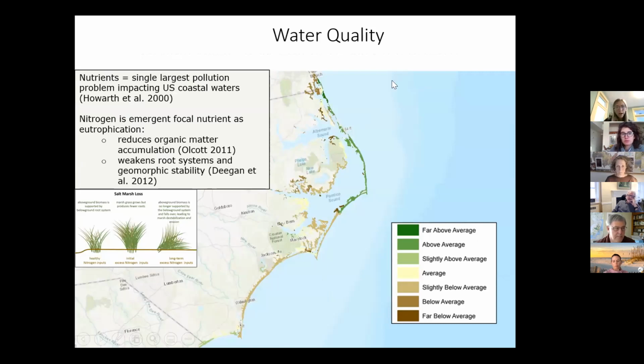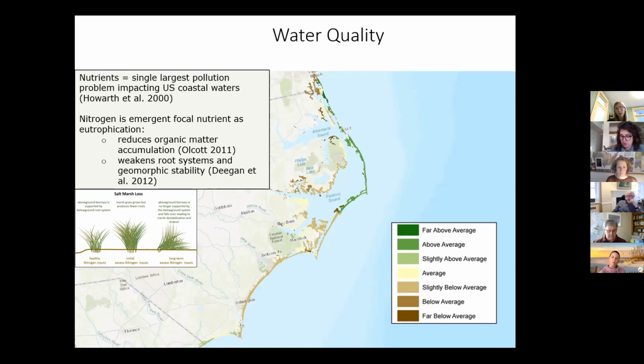A little more on nitrogen and nutrients. Nitrogen is responsible for eutrophication in our waterways, and heavy doses of nitrogen coming down riverine systems give, as you can see here, a little initial boost to marsh grasses, but we actually see loss of root systems in this case.